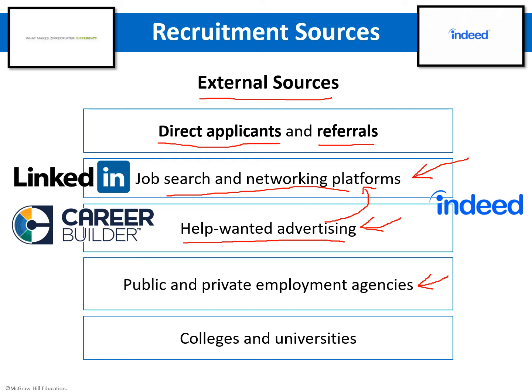So some of these employment agencies kind of specialize in finding candidates discreetly. And then finally, we have colleges and universities, and this is just when basically recruiters will go out to colleges and universities, look for people who are graduating soon who might fit the criteria of what the organization is looking for, and encourage them to apply for a job at the organization.